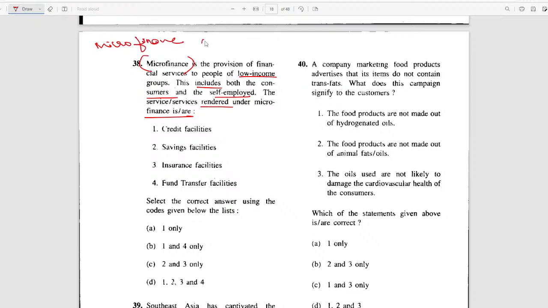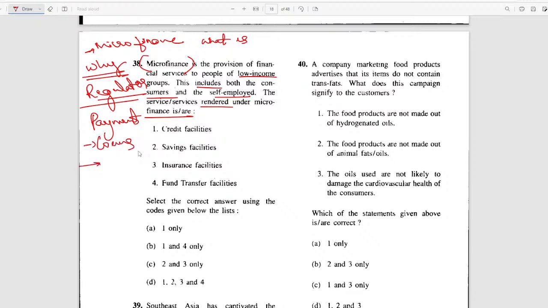So you have to understand what is microfinance, why microfinance is needed, and what is the regulation. Who is regulating microfinance? Currently, there are payment banks, and there are also certain scams regarding loans. So you have to understand what is microfinance, why it is used, who are the beneficiaries, and who is the regulator of this microfinance.